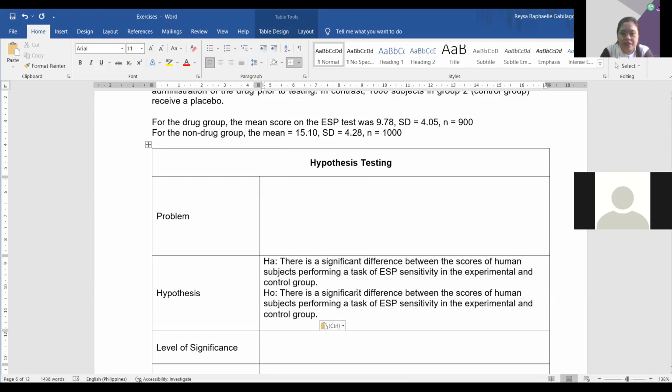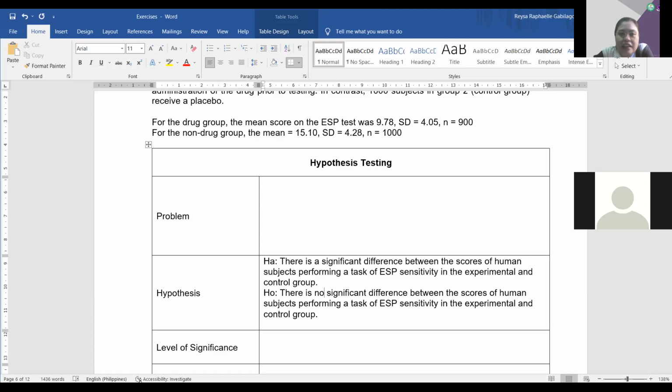And I will just place no: there is no significant difference between the scores of human subjects performing a task of ESP sensitivity in the experimental and control group. So these are our alternative and null hypothesis.